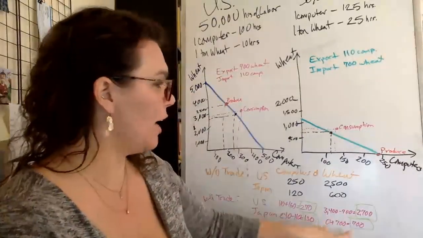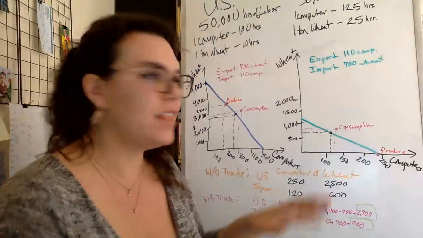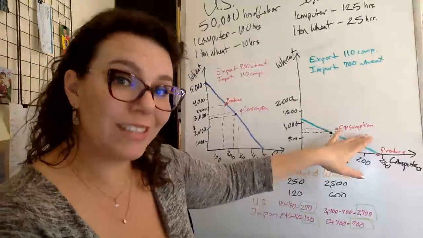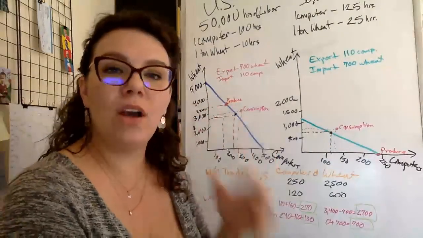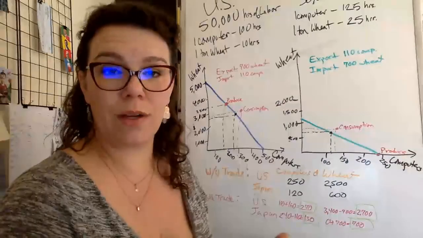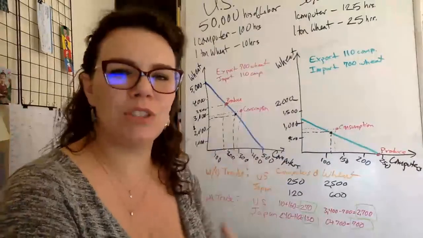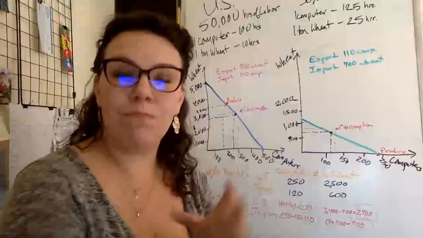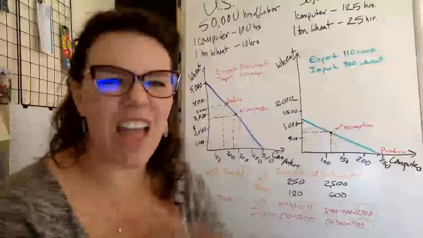We get trade, that exchange, the exporting and importing. And we get this impossible consumption point. These consumption points are beyond the PPF, beyond what these countries could have produced on their own, right? That's what I said. Anything beyond the PPF, it's impossible to produce. But by specializing, they can consume more than they could have ever produced on their own.